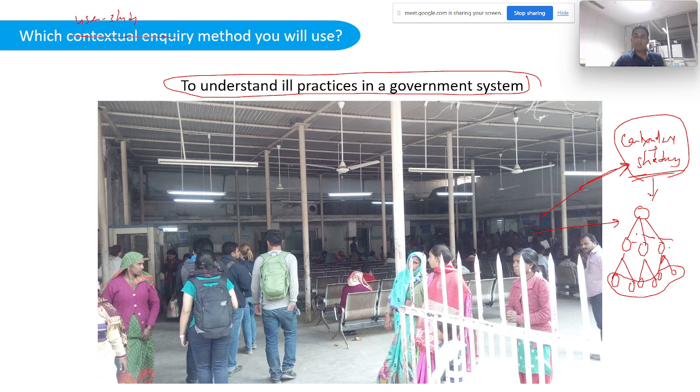So better you start from a higher authority, and if that is also not successful, then you identify other stakeholders who are in close collaboration or in close alliance with the government system, and then try to gather information from them. Sometimes interviewing patients will also help, because from their perspective they may give you information about the practices that create problems for the patients. Okay.